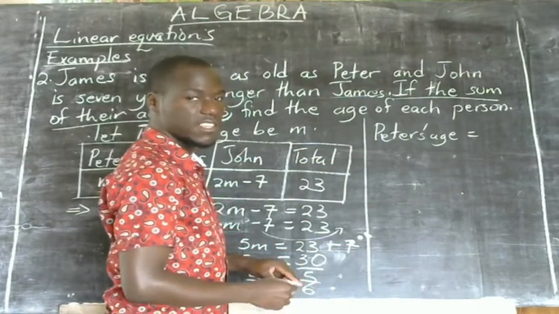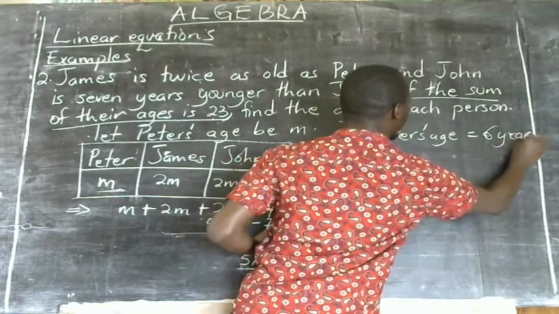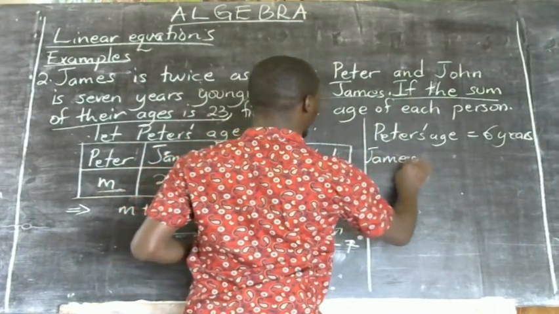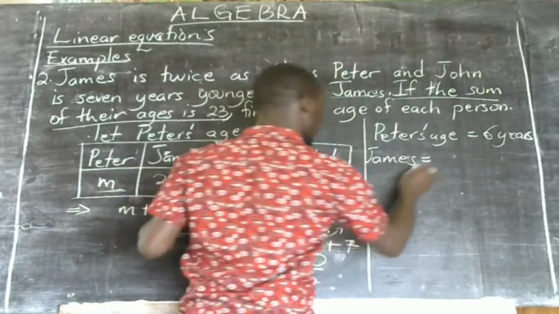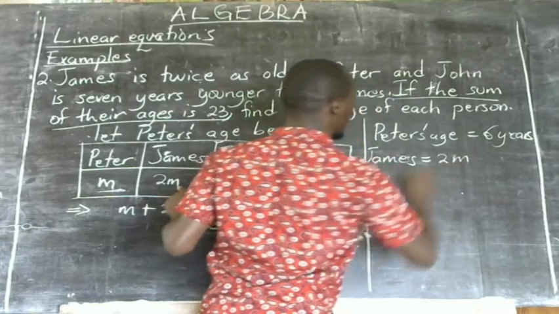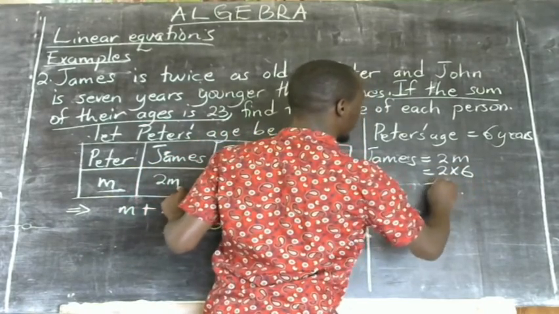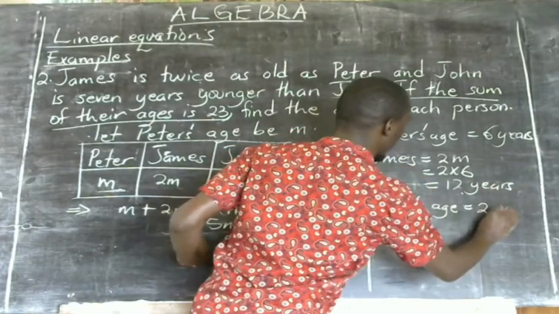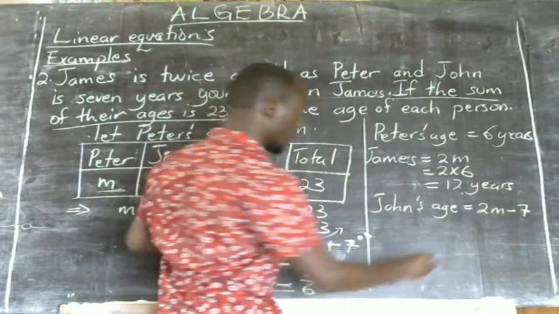So Peter's age is 6 years. James's age is twice that of Peter, that is 2m, and this is going to be 2 times 6 to get 12 years. Johnny's age is 2m minus 7.